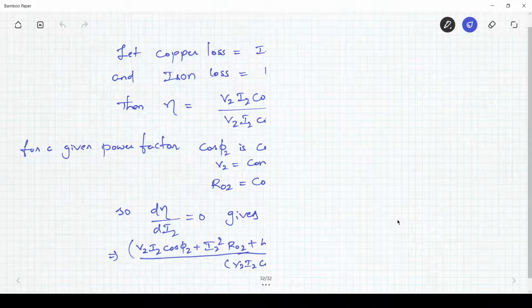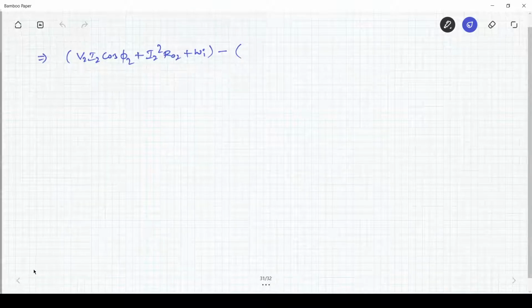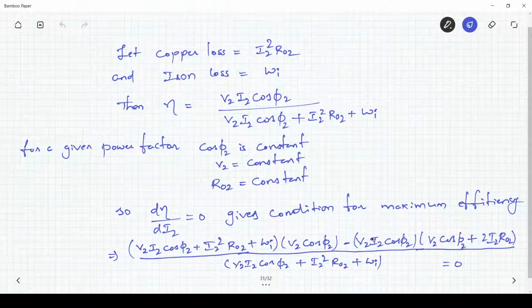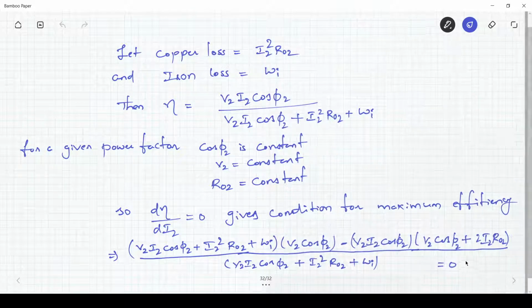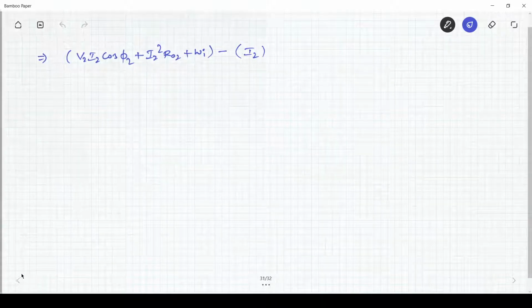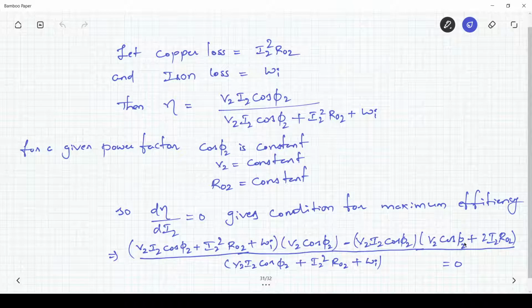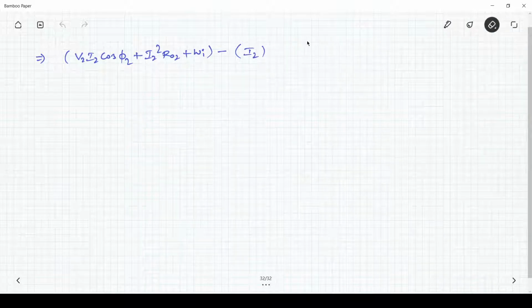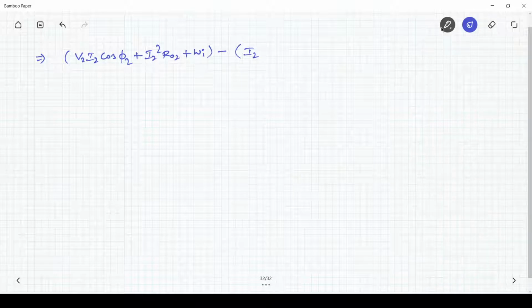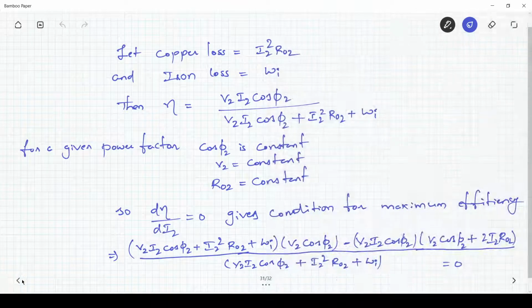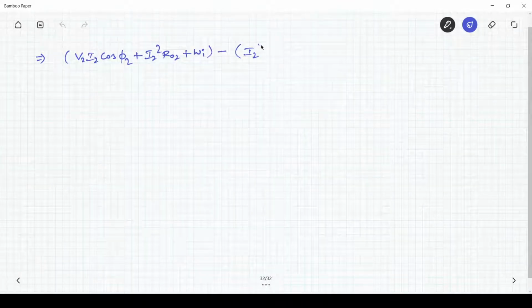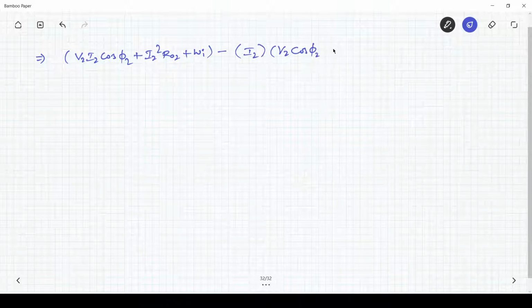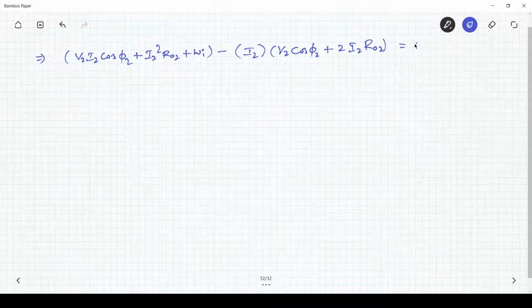Then only I2 is left, so I2 into V2 cos phi 2 plus 2 I2 R02 is equal to 0.